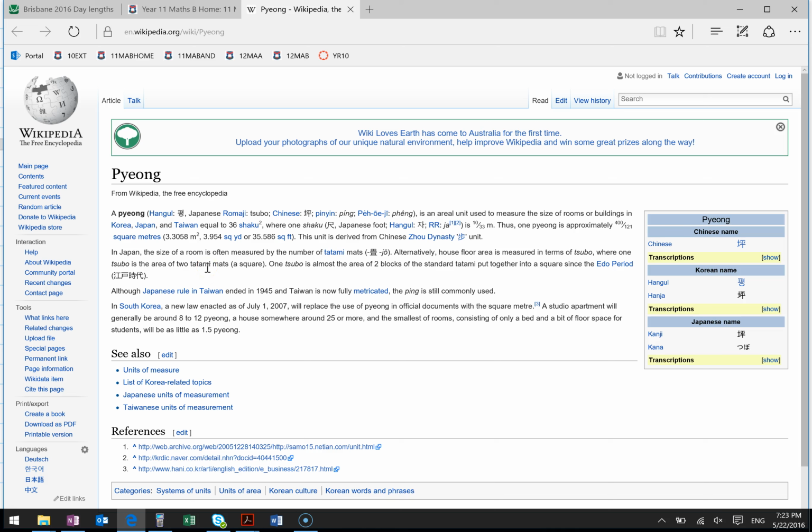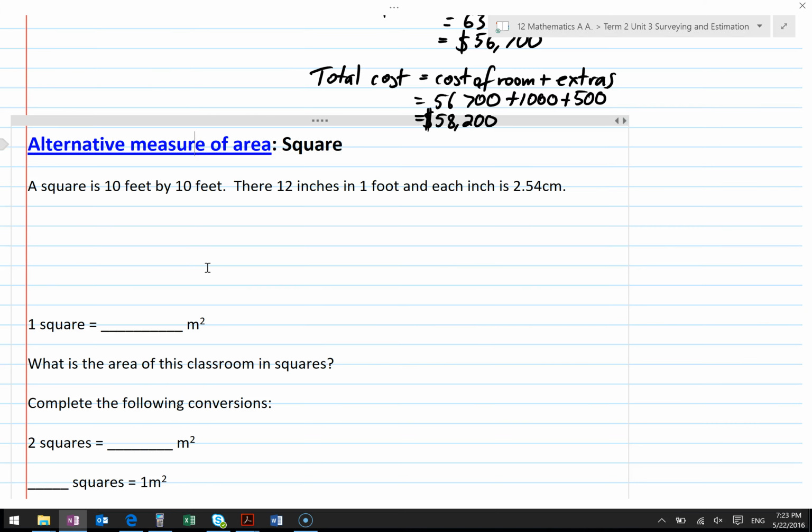So we've got all these interesting, different measurements. I think in South Korea, it was how many people could fit in the room lying down. Just things to think of.